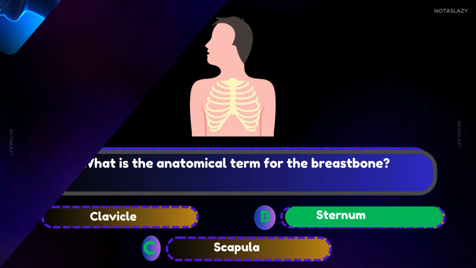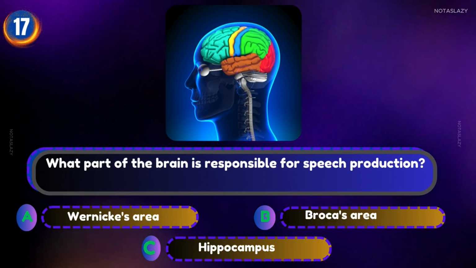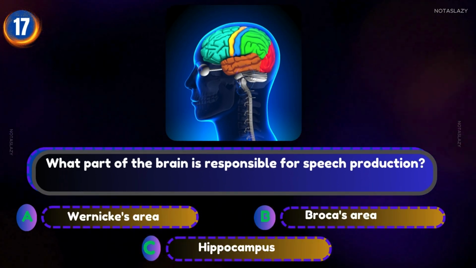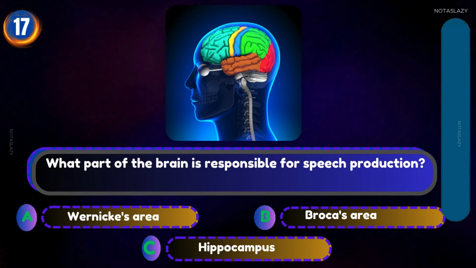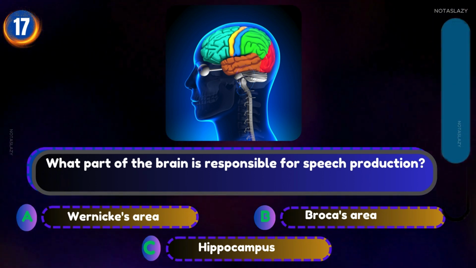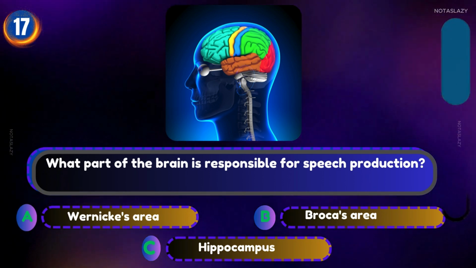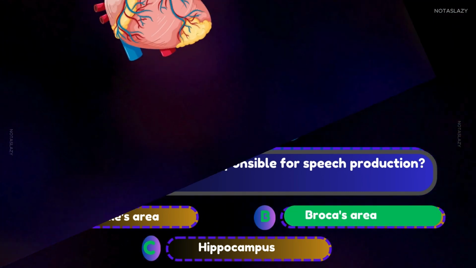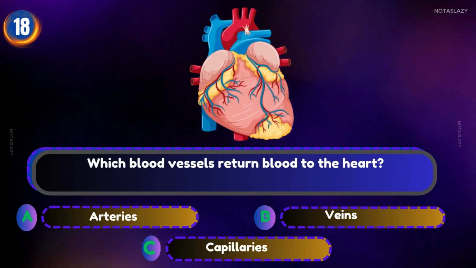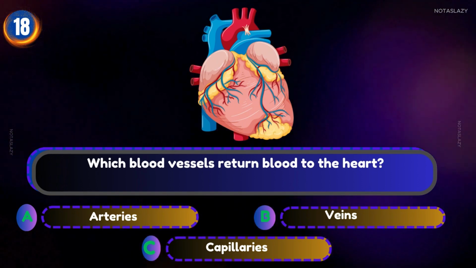Sternum. What part of the brain is responsible for speech production? Broca's area. Which blood vessels return blood to the heart?